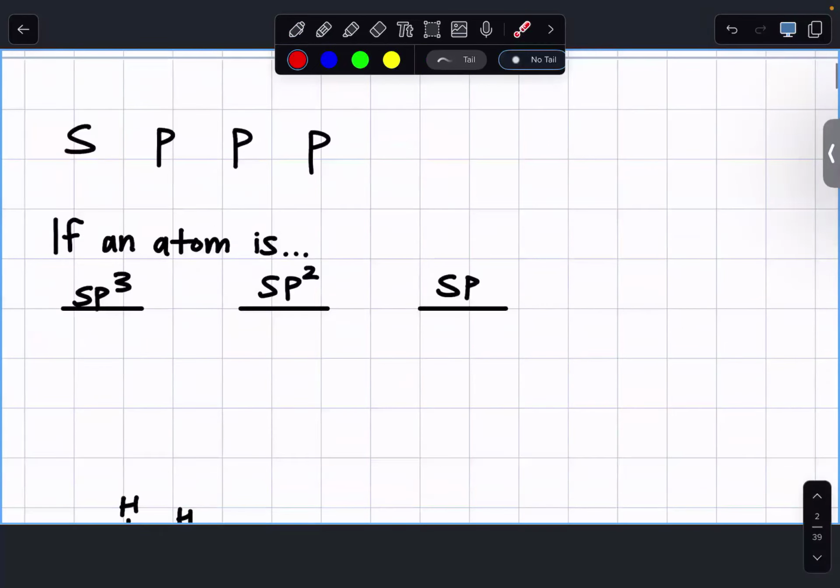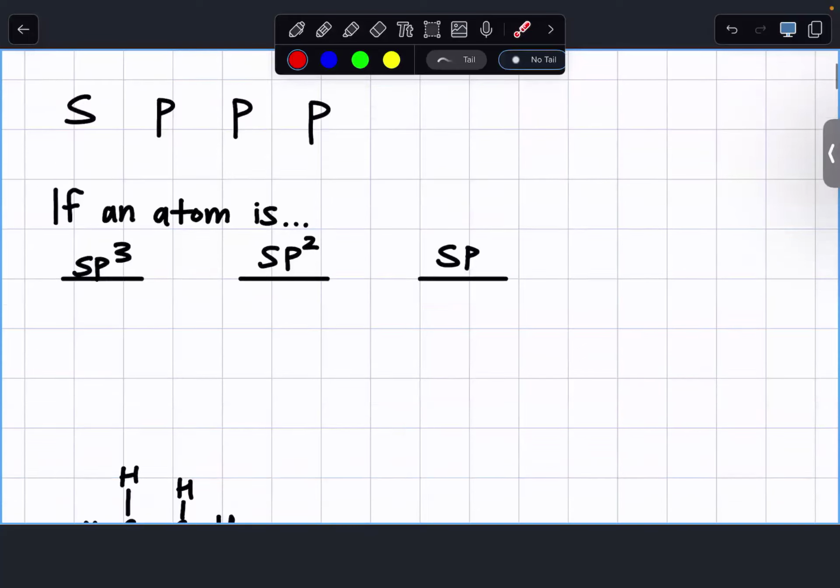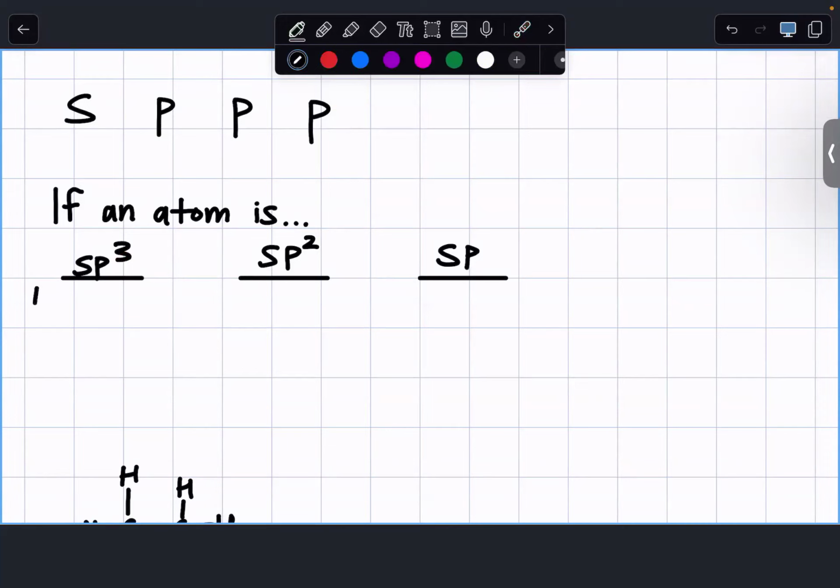So we know that hybridization is between these four orbitals, 1s and 3p over here. If an atom is sp3 hybridized, that means that all of these orbitals are combined together, meaning that that sp3 atom will have four sp3 hybrid orbitals and 0 p orbitals, because we are combining all of these four orbitals together to make this hybridized sp3 orbital.